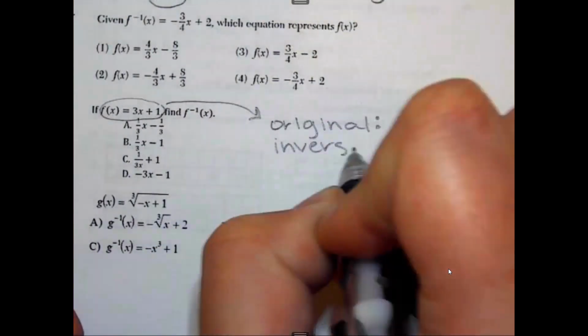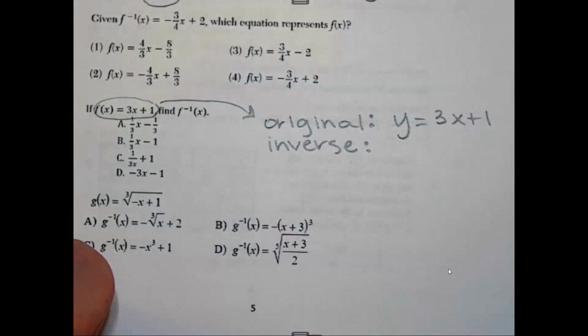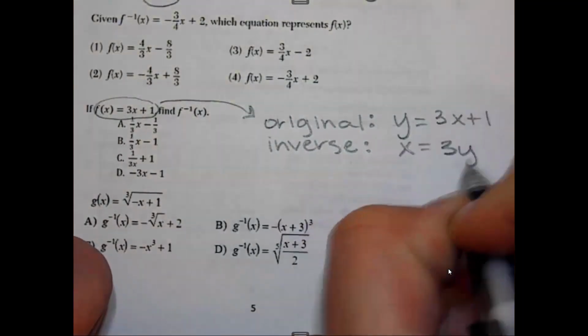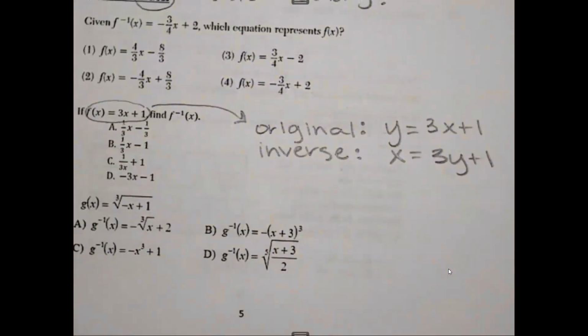The inverse is, what should I do? Trade x and y, right? x equals 3y plus 1. Now for math 3, we would have gone through all the steps to solve for y, but not for Desmos because Desmos doesn't need that from us.